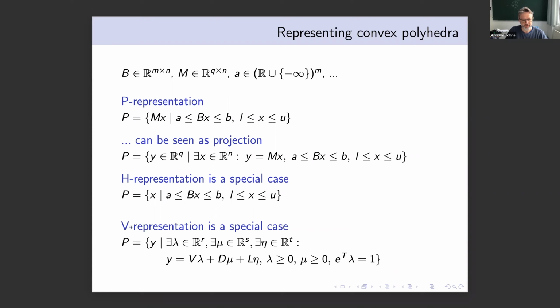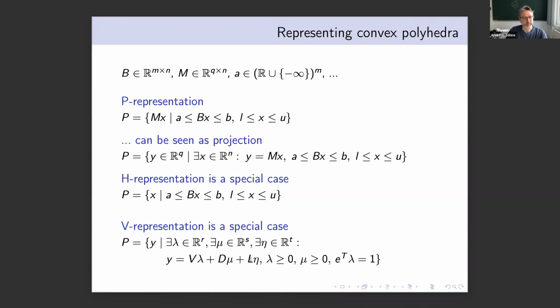This is a representation by points and directions, or sometimes also called a vertex representation. And also the vertex representation is a special case. What you see here is a kind of generalized convex hull. In the matrix V, we have the points. Here we have the directions in the matrix D. And in the matrix L, we have some kind of linearity directions.